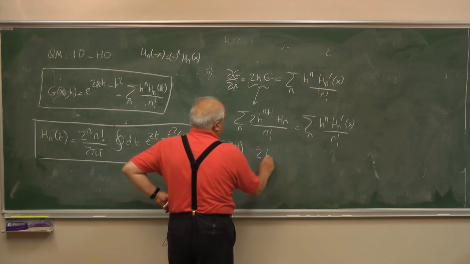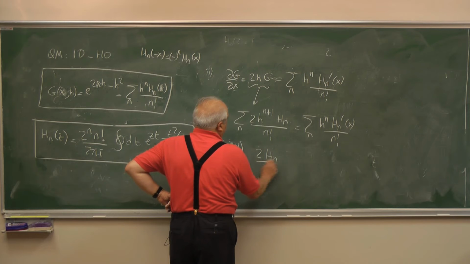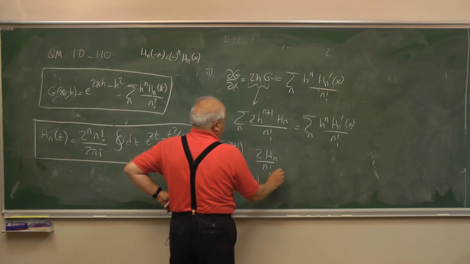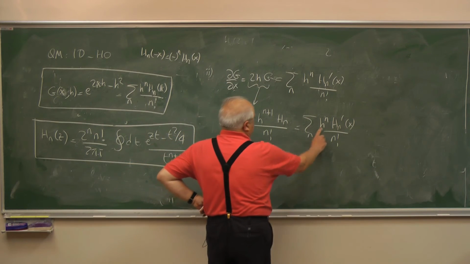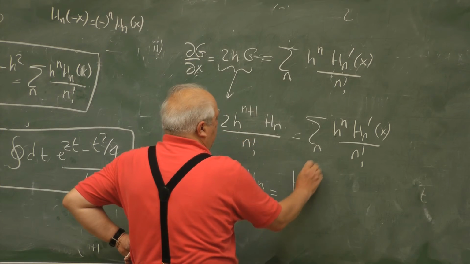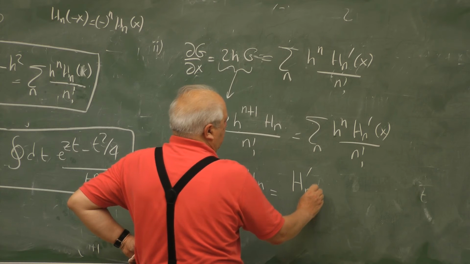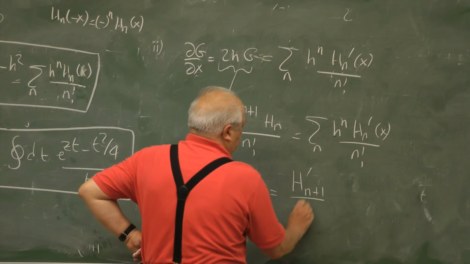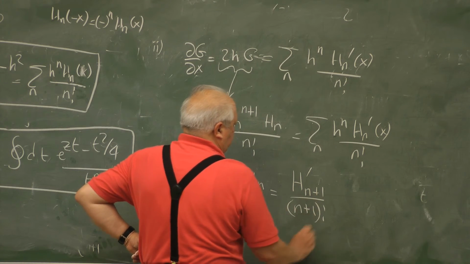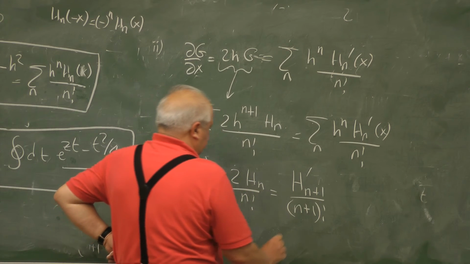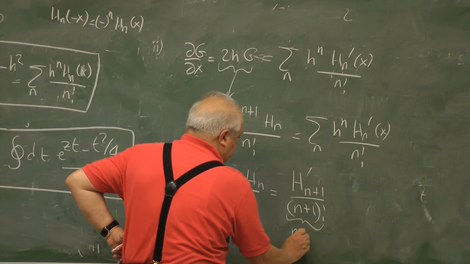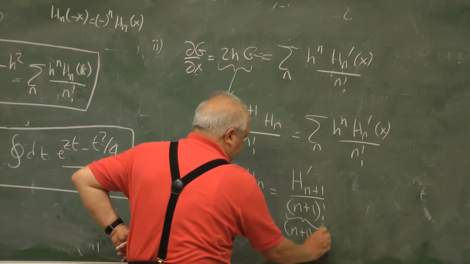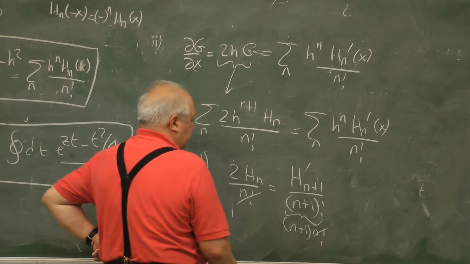So 2 Hn over n factorial must be equal to H n plus 1 prime over n plus 1 factorial. This is n plus 1 times n factorial. So these cancel.